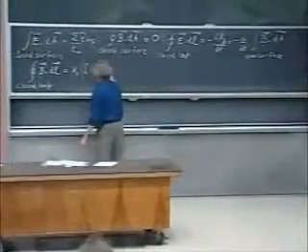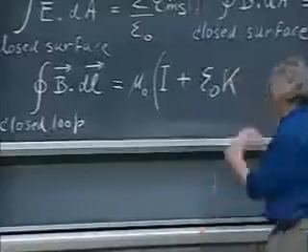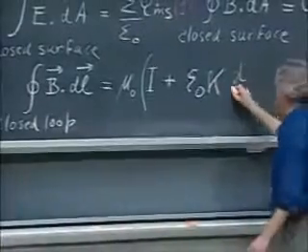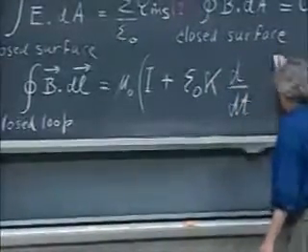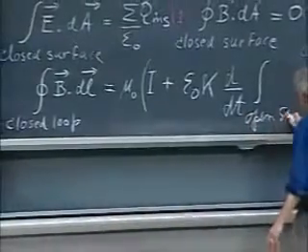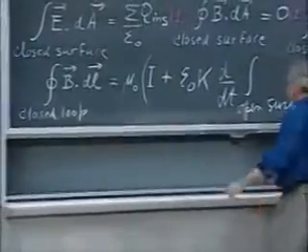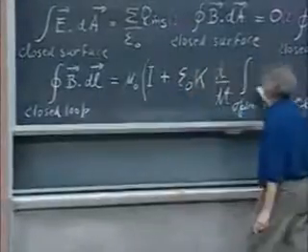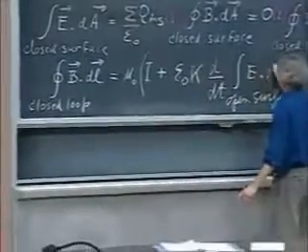He adds a term here, epsilon 0 kappa, d/dt of the integral over an open surface attached to that closed loop of E dot dA.